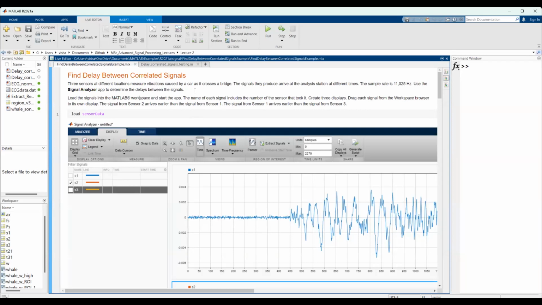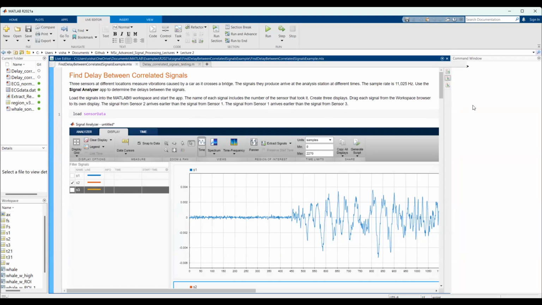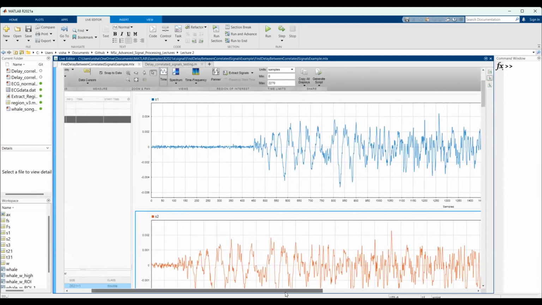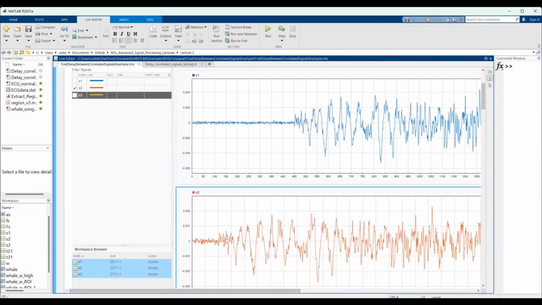The sensors measure the vibrations received at each point on the bridge, at 3 different points. If a certain vehicle is going, the vibration signals that you can achieve are in this format.